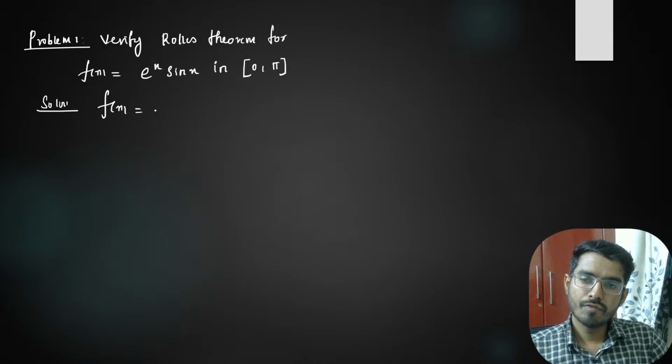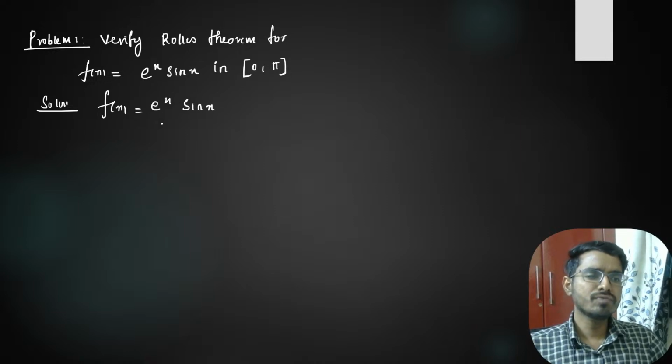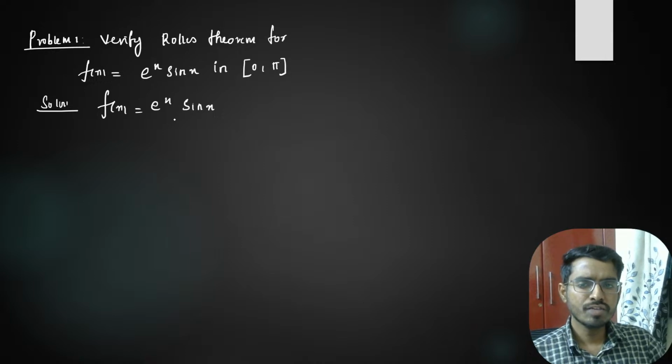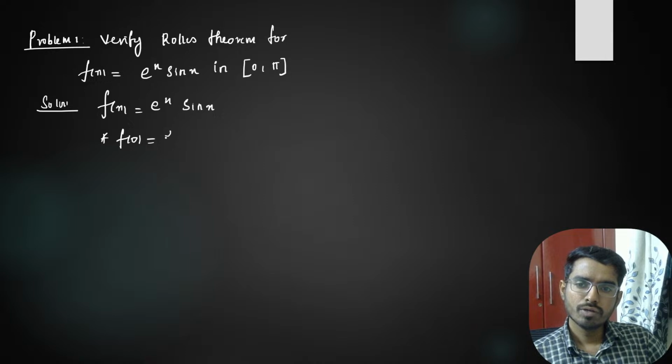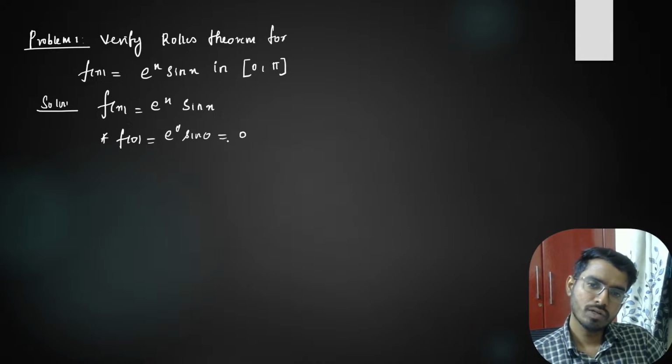So we have f of x is equal to e power x sin x, and you can see this function is continuous, it is differentiable also. You can see what is the value of f of 0. The f of 0 is e power 0 sin 0, e power 0 is 1, sin 0 is 0, and what is f of pi?